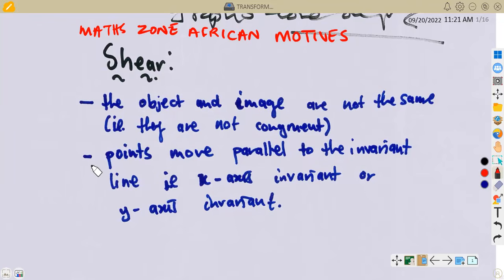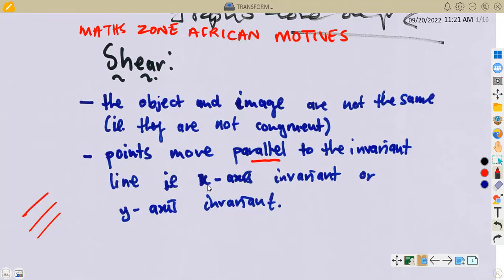Okay. Then the other point that you're supposed to note is that when you join points this time from the object to the image, you are going to produce parallel lines. That is, the points are going to move parallel to the invariant line. Not to say you are going to have parallel lines, no, but when you join the points, they are going to meet.